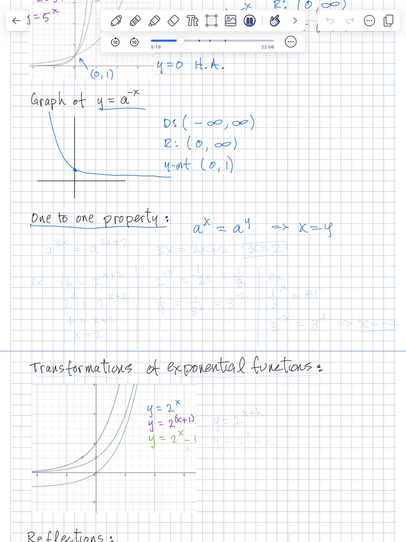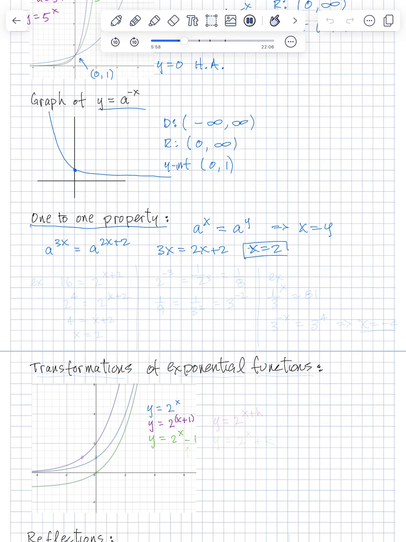So let's say you had an example, a to the 3x is equal to a to the 2x plus 2. Since the bases are the same, that means that 3x is equal to 2x plus 2. Solve it for x, gives x is equal to 2. That's how you solve that for exponents.